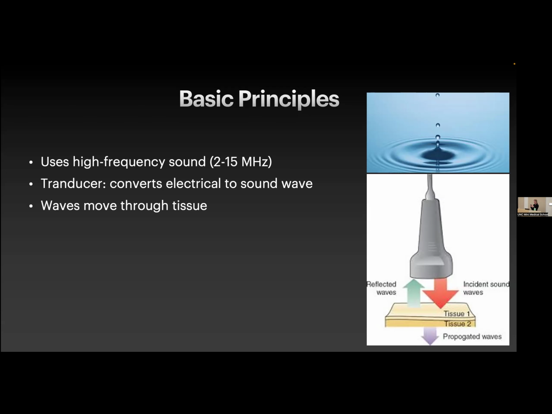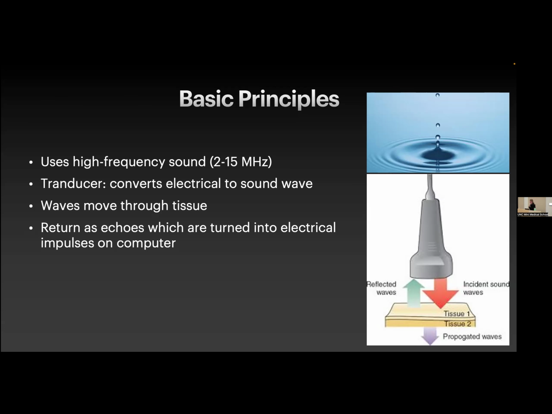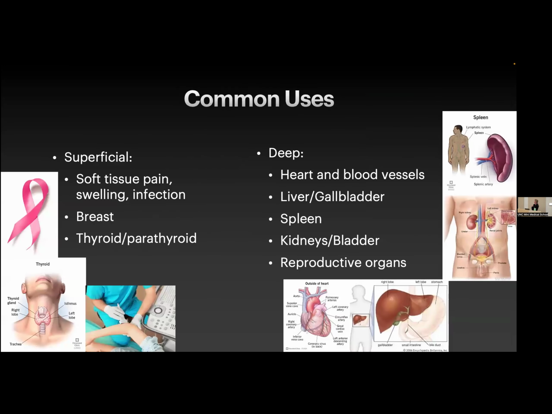And then it's either reflected or it can sometimes be a little bit resorbed as well. But everything that's reflected is reflected as echoes. That comes back towards the transducer, which then converts it into electrical impulses. And those electrical impulses are then created as an image on the computer screen that we have.